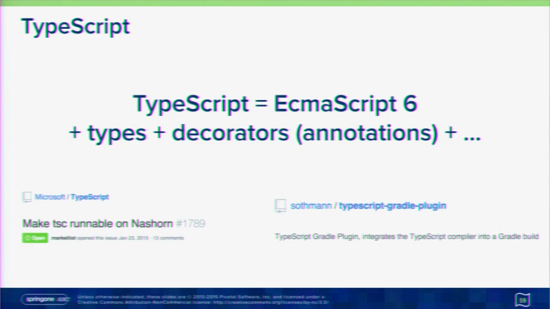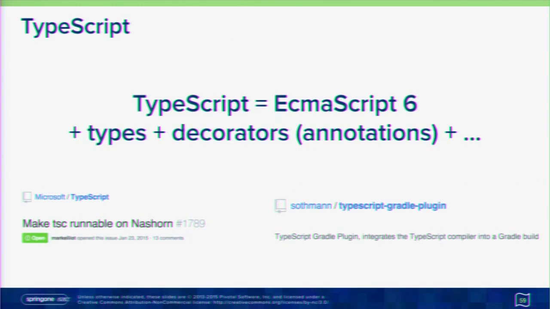But there is something even better than EcmaScript 6: TypeScript. TypeScript is basically an EcmaScript 6 superset with some additional features like types. Yeah, types in JavaScript. And decorators, which are like our annotations. For your information, Angular 2 is written in TypeScript 1.5, so that's a pretty nice thing.